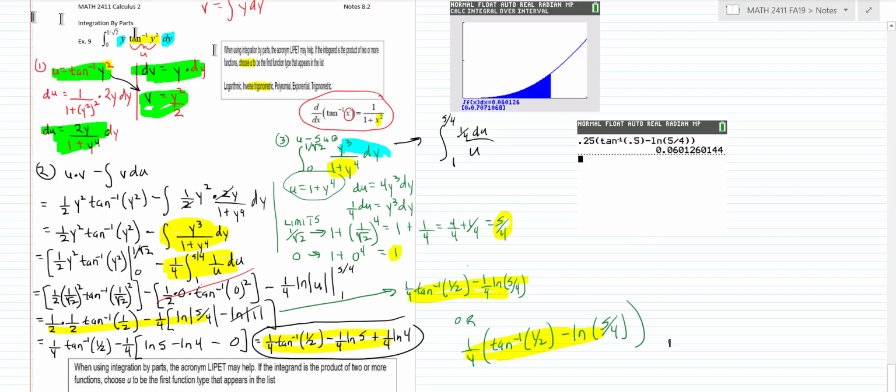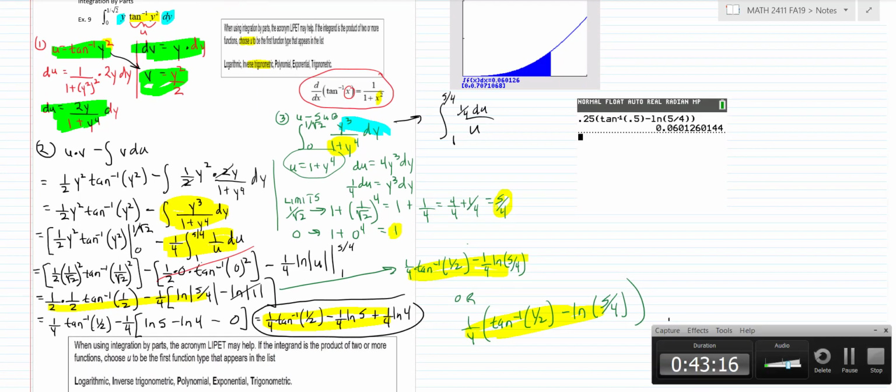Again, the key thing to learn is generally you're looking for an integral where you have a product of two functions. Parts is generally a good way. Use LIPET as a guideline to choose u. And when you do integration by parts 2 or 3 times, just be careful about how you write your steps. That's real key. All right, good luck. Have fun.